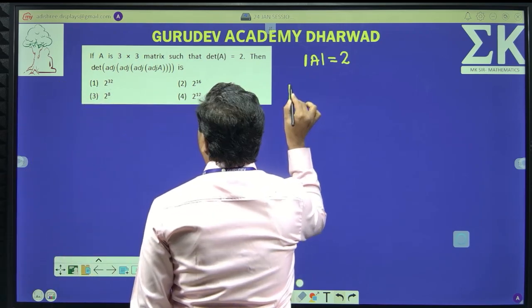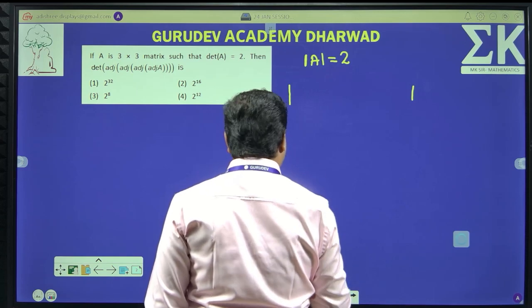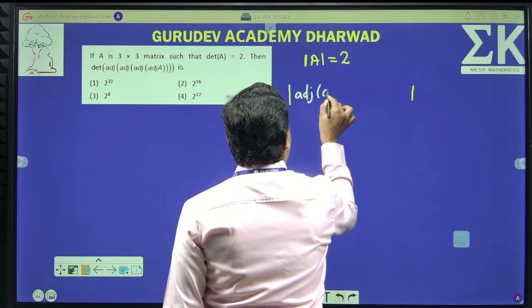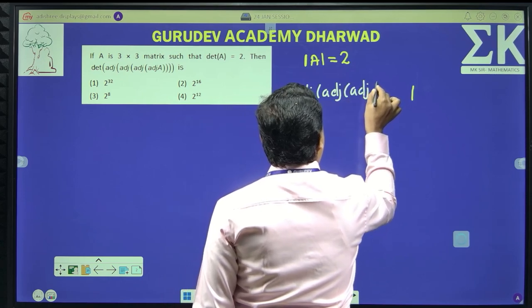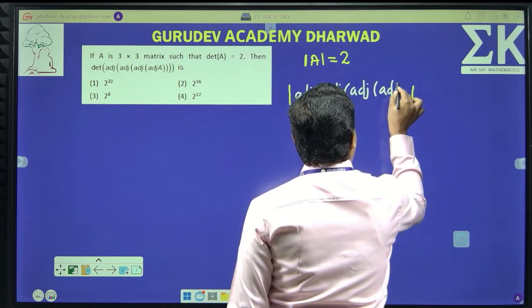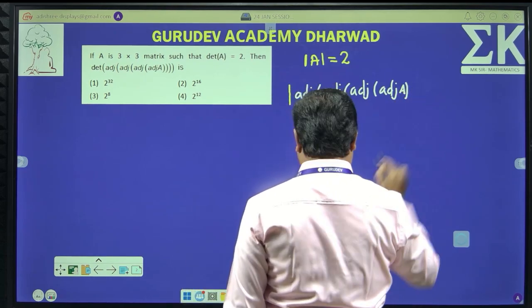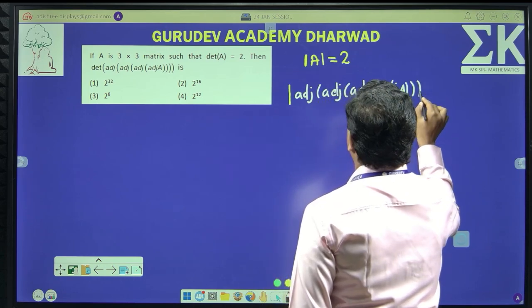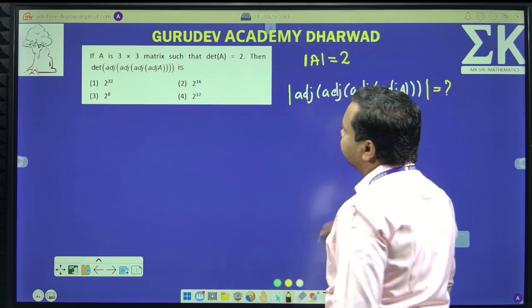So determinant of adjoint 1, adjoint 2, adjoint 3, adjoint 4, like this. Right, this was the question.